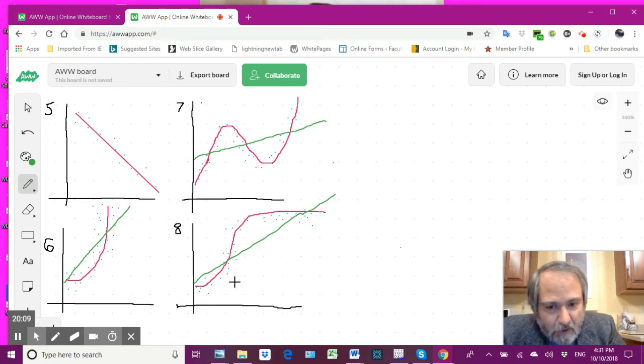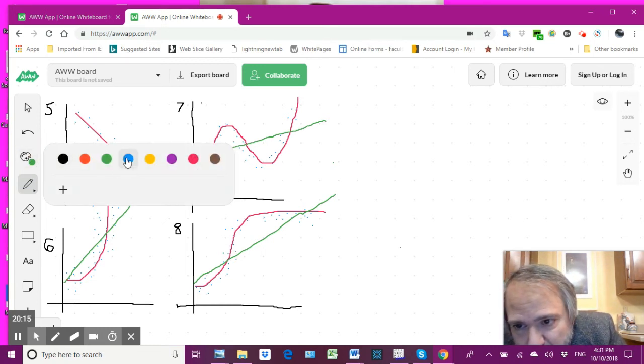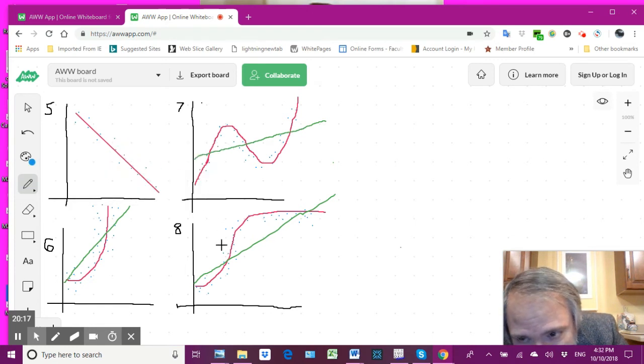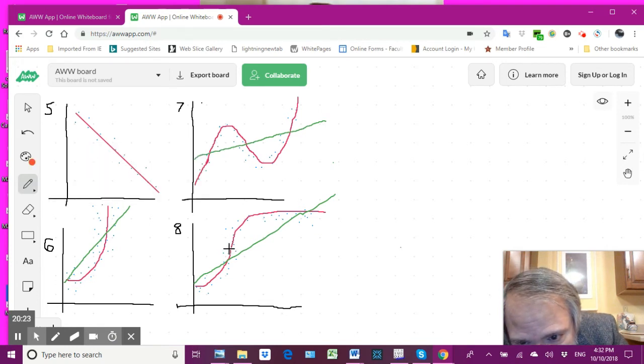A logistic curve has two components to it. Let me put red, I don't want blue, that's too close in color to that. I'm just going to put a line right there. There are two components to it.